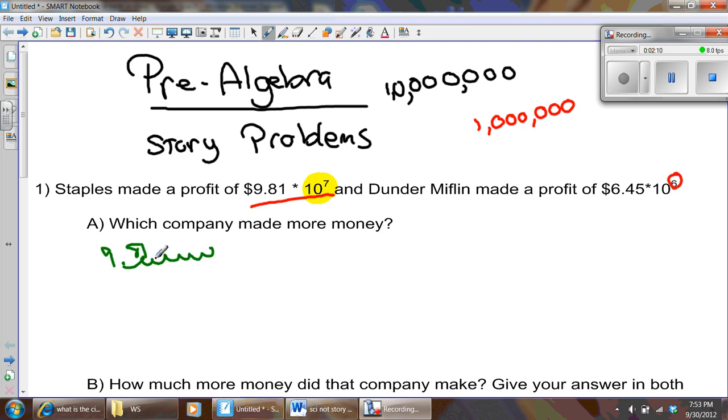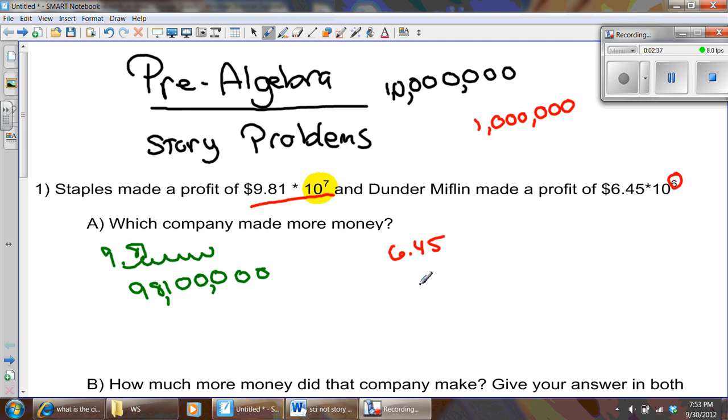And look, there's going to be 5 zeros. So the Staples number comes out to 981, and there's 5 zeros. And I'll put my commas in. And it looks like we have $98,100,000.